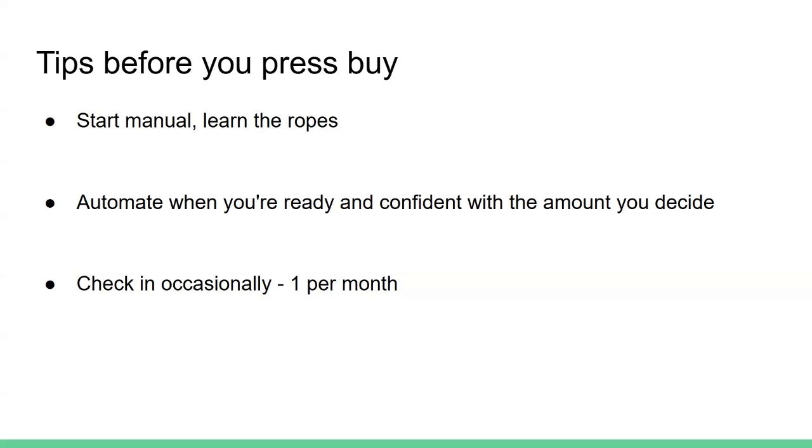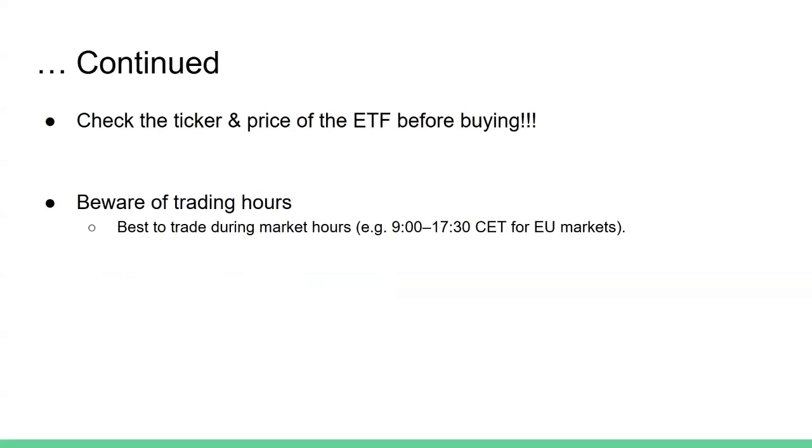So if your account drops by 0.5% on a day or something, it doesn't matter in the short run. So don't go crazy, no need to check it every day. You don't really need to spend a lot of time on this, but obviously educate yourself further all the time. This is just to say start manually, then automate potentially in the future.